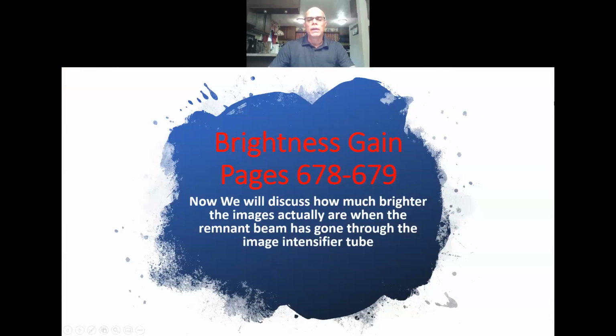So now we're going to discuss how much brighter the images actually are when the remnant beam has gone through the image intensifying tube. There's actually many ways of calculating this, but we know that the purpose of the image intensifier was to brighten up that very dim image. Remember, you're only having very few x-rays come out of the patient and hitting the input phosphor of the image intensifier, right?